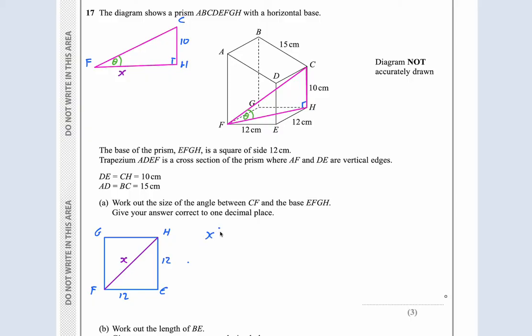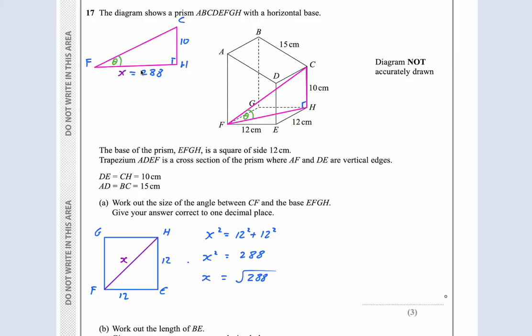So I can do x squared equals 12 squared plus 12 squared. x squared equals 12 squared plus 12 squared is 288. x is therefore the square root of 288. And I'll leave it like that. And I'll write here root 288.